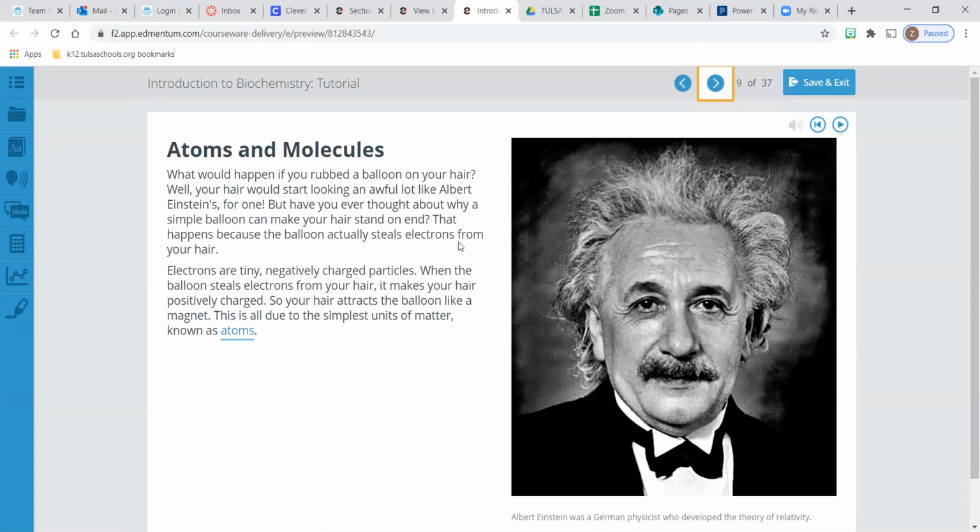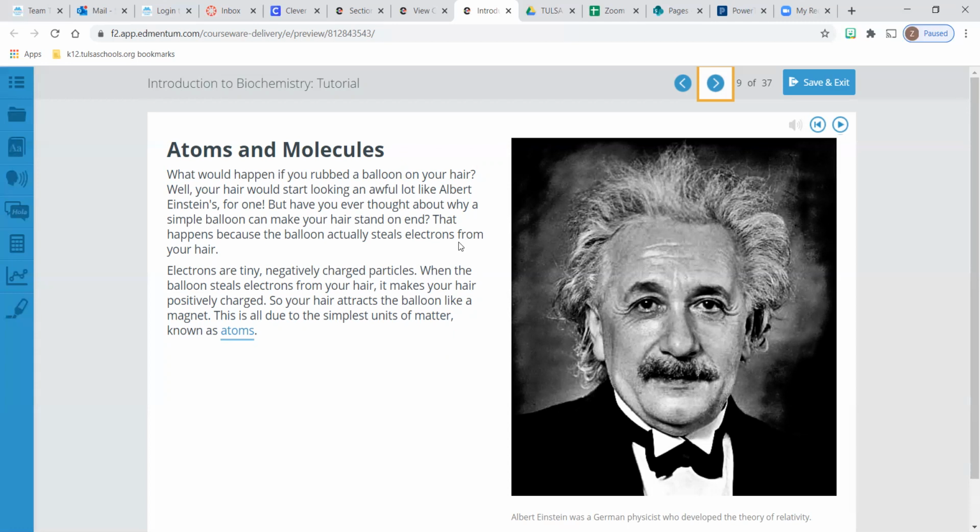So I'm sure you've had a balloon before. You rubbed your hair, and the static electricity built up between them makes your hair look a lot like Albert Einstein. But why does that happen? Why does rubbing a balloon make hair attracted to the balloon? Well, on the very, very small microscopic atomic level, almost subatomic level, the balloon is stealing electrons from your hair.